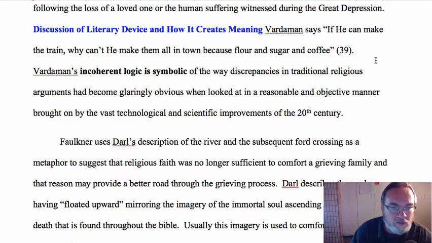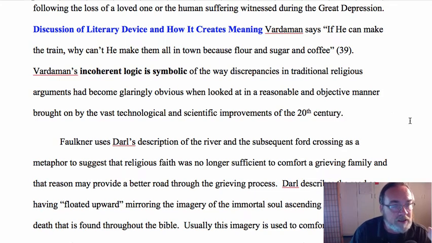It doesn't say Faulkner 39, there are no periods, there's no P, there's no PG, just the page number. That's MLA format. But then the really nice use of the literary device of symbolism linked to Vardaman's incoherent logic, and how that all connects back to the discrepancy between traditional religious arguments and reason, and in particular the reason and objective way of thinking of 20th century technology and science.